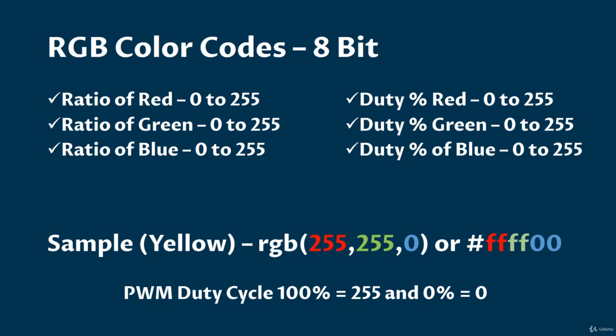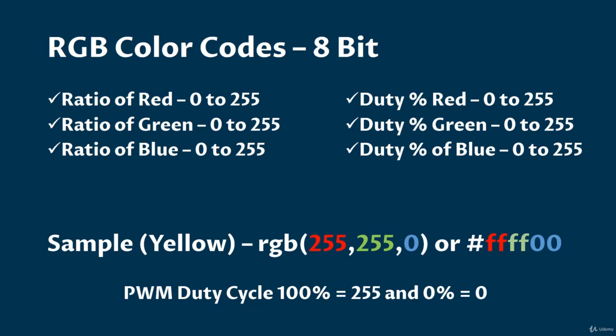Whenever we design in software like Paint, Photoshop, CorelDRAW, whatever software you use, you have to mention the color code, and color codes can be represented in these two ways. One way is writing RGB within bracket, you mention the ratio in comma separated format, or use a hash, then mention the codes in hexadecimal, like 255 means FF in hex.